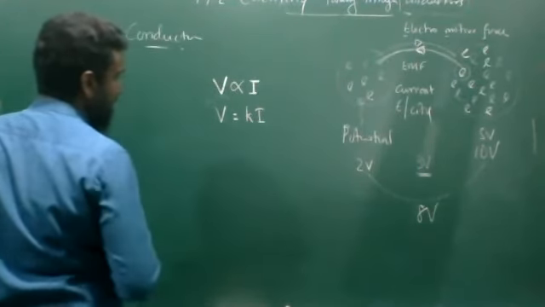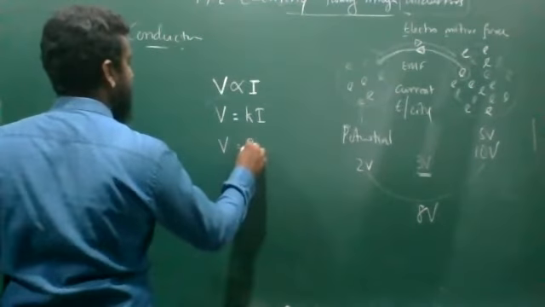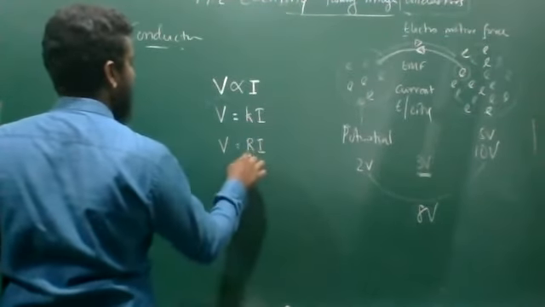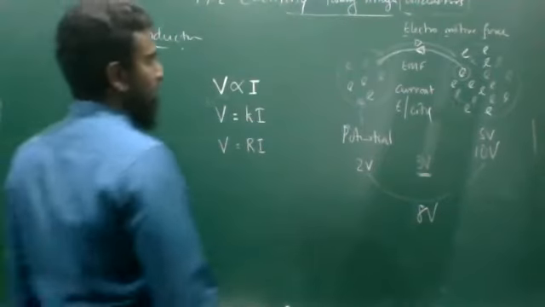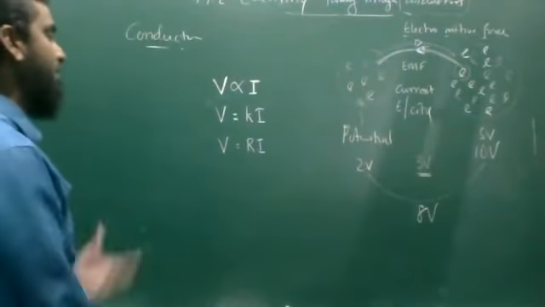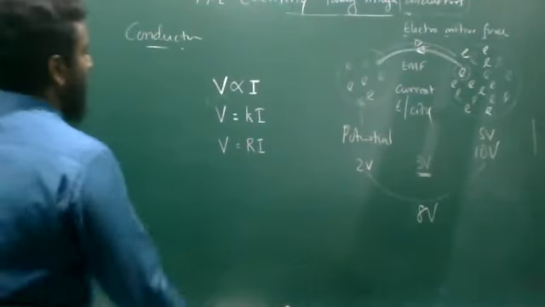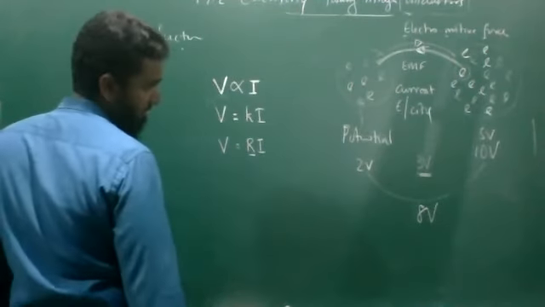Don't worry about it. This constant is known as the resistance of the substance we are using to move the electrons. It can be a conductor, it can be a resistor, anything. The resistance is the constant.